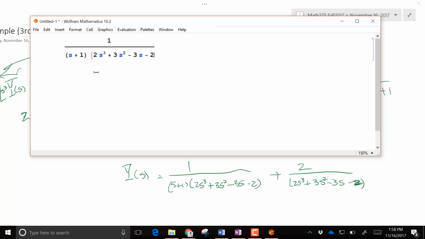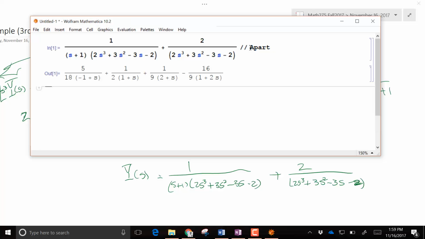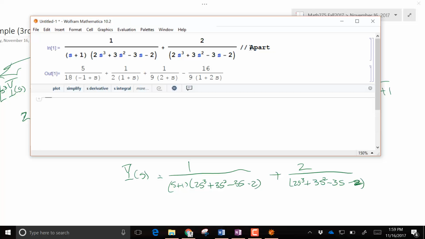Yes, might be different. Bam. Just take it apart. So Mathematica combined it and solved for it and put it together.